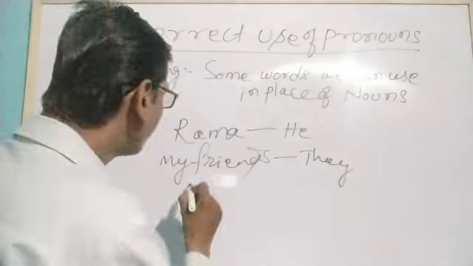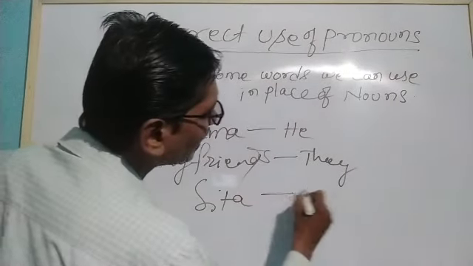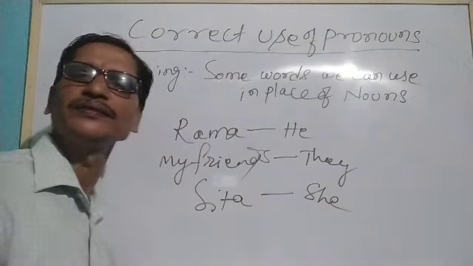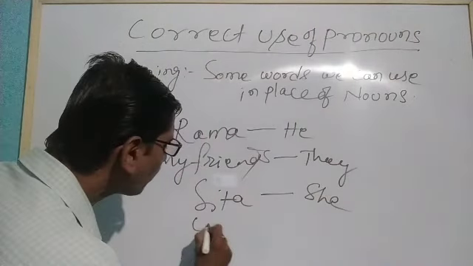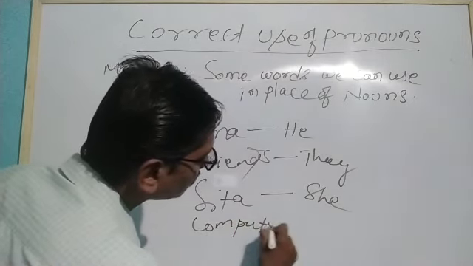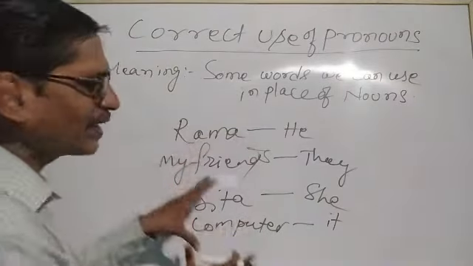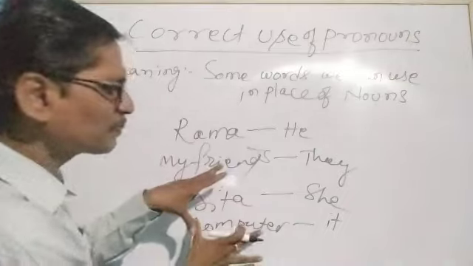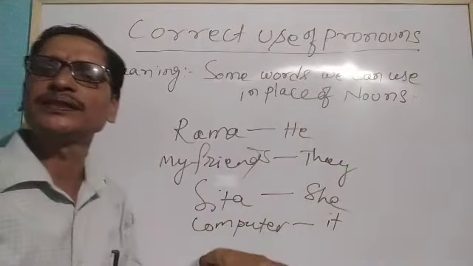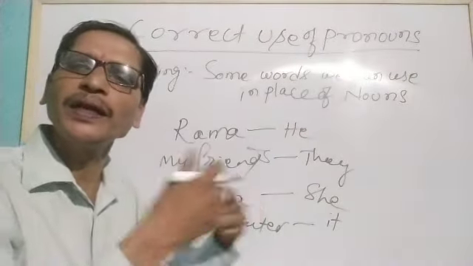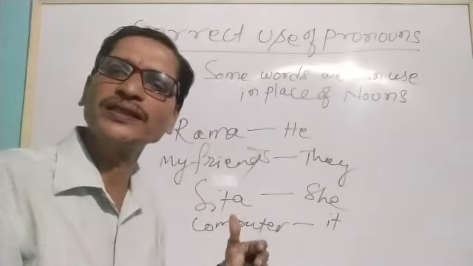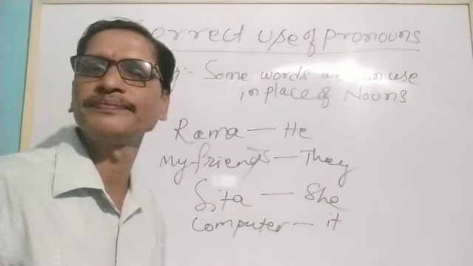Similarly, when we talk about Sita, we can use she. When we talk about a computer, we can use it. So these are the nouns. In place of them, we can use these words to stop their repetition in our text again and again.